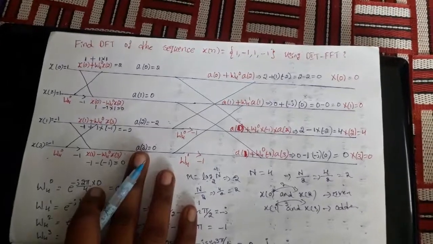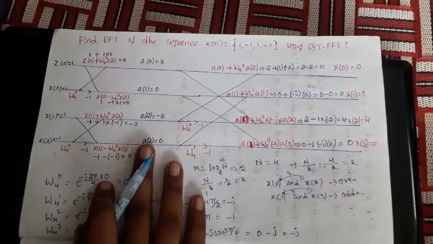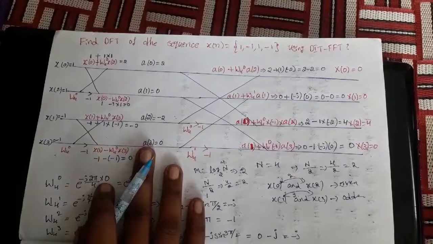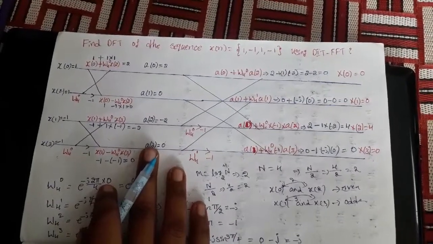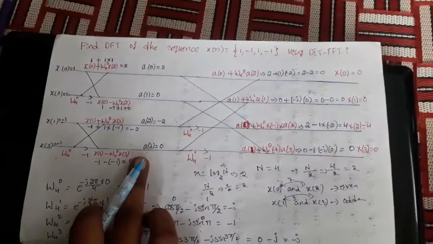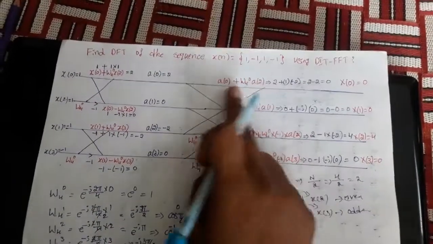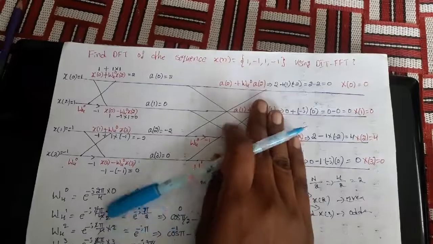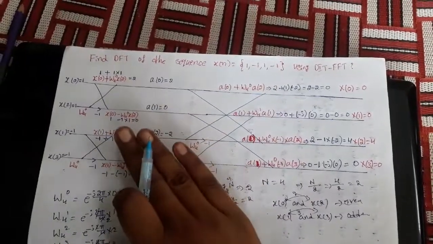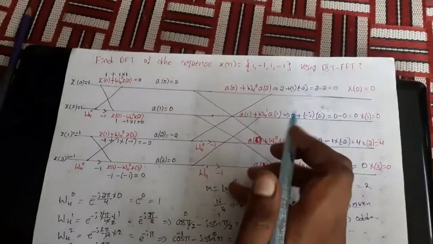And next, the number of complex multiplications is 4 and the number of complex additions is 4.